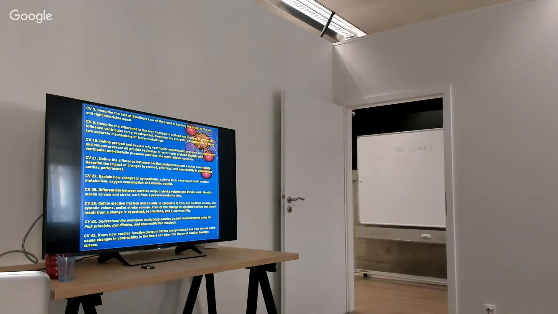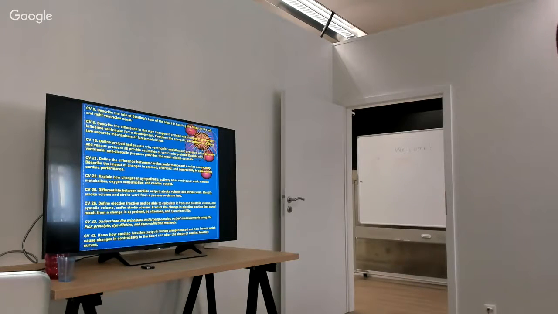How much is the cardiac output? 5 liters. 70 milliliters for 70 beats is 4,900 milliliters, more or less 5 liters. Okay?